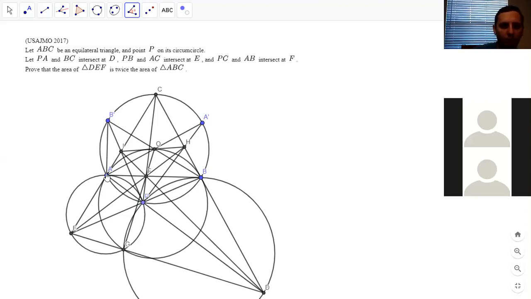Okay, so the ratio of the areas of AFE to AFC is going to be CA over AE. I kind of think I have an idea here on how I might want to do this.